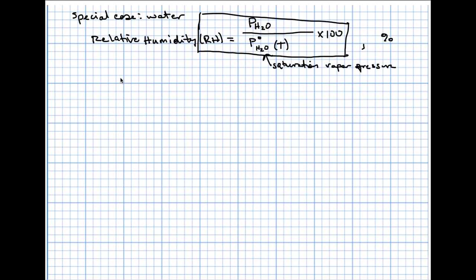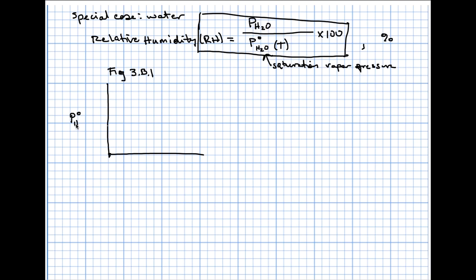This relationship, as with the others, is quite sensitive to temperature, and that is illustrated nicely in figure 3b1 in your textbook. And so that relationship looks something like this.